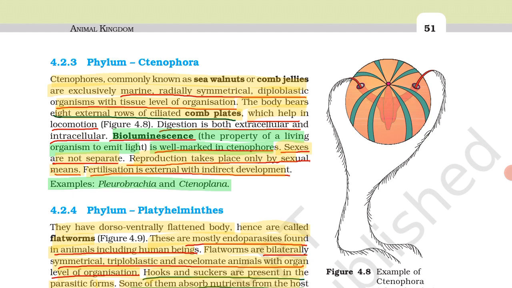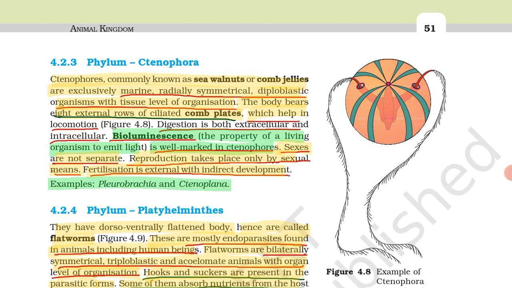The most important property of ctenophora is bioluminescence. Bioluminescence means the living organism emits light. The property of living organisms to emit light is called bioluminescence, and it is well marked in ctenophores.